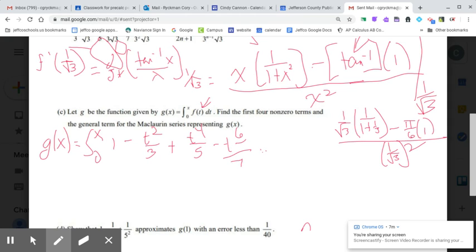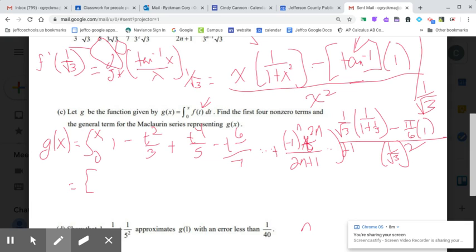And so on. And they do want the general term. So it was something like negative 1 to the n, x to the 2n over 2n plus 1, t, dummy t, dt. Yeah? So here we go, integrating again, just term by term.